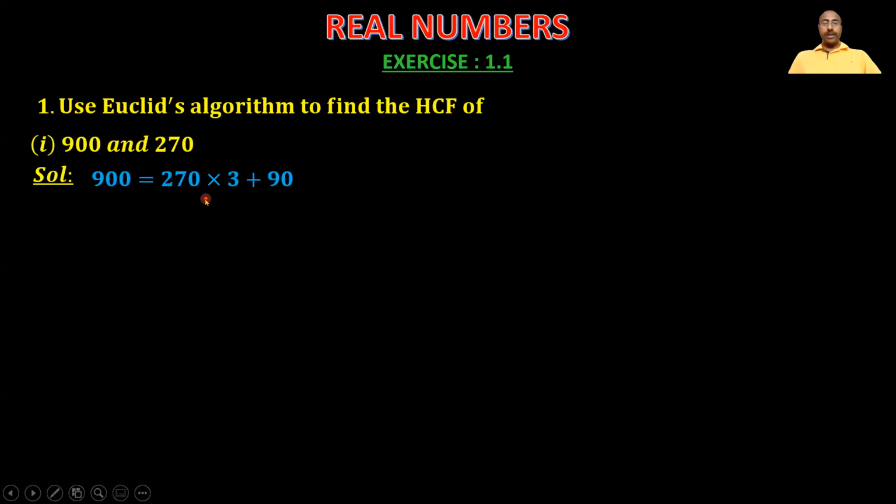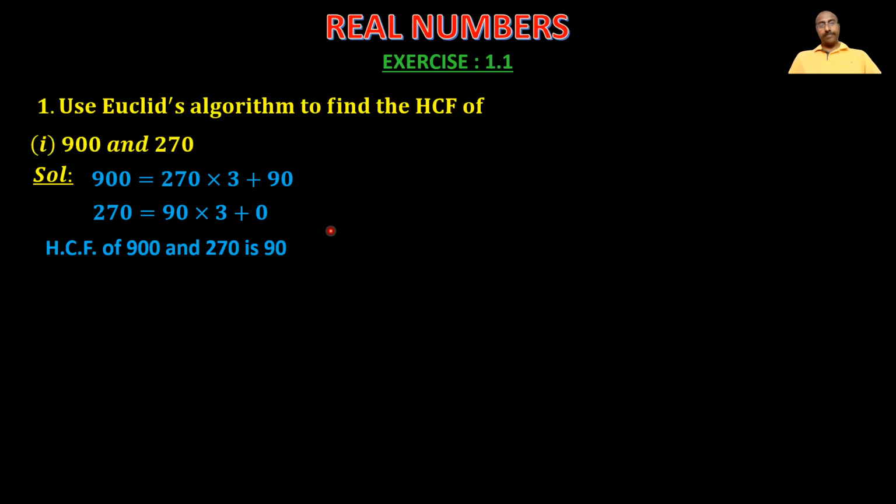Okay, 270 into 3 plus 90. Now again, we have to take 270 as dividend and 90 as divisor. So 270 is equal to 90 into 3 plus 0. So as we have got remainder 0, the HCF of 900 and 270 is 90.